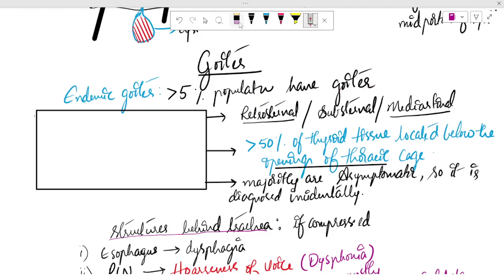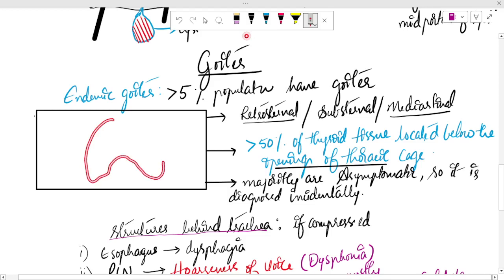Now we will discuss one of the common forms of goiter that is seen, called retrosternal goiter or substernal goiter, or we can also call it mediastinal goiter. What is a retrosternal goiter? For example, this is a rib cage, here is the opening.